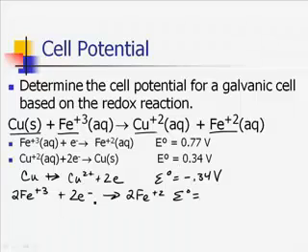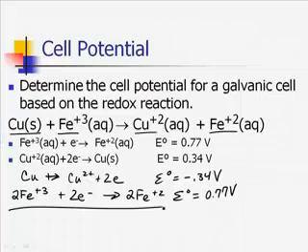The thing I want to point out is that when we do that to balance it, that does not change the potential of the cell. Multiplying through that equation to make the number of electrons equal, we still keep the standard potential the same as the one that came out of the table.